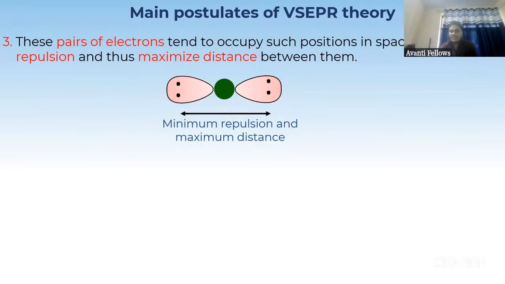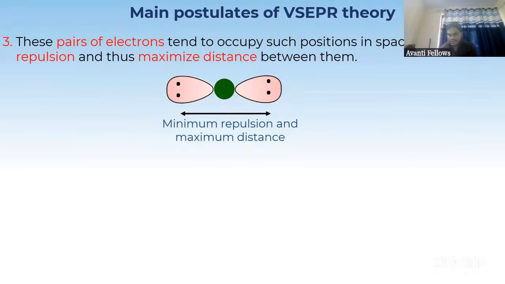So these pairs of electron tend to occupy such positions, ऐसे position को occupy करना चाहते हैं space में, that have minimum repulsion and maximum distance between them. So this point is very important and all of you need to understand, whenever repulsion is minimum, stability is maximum, or we say repulsion is minimum only at a maximum distance.